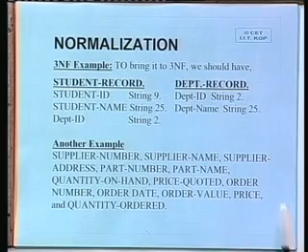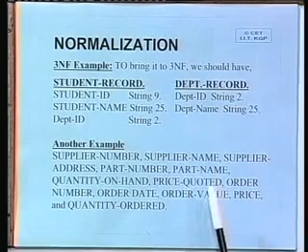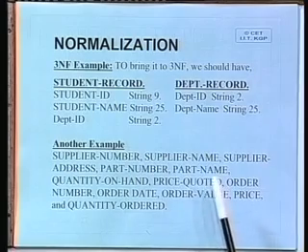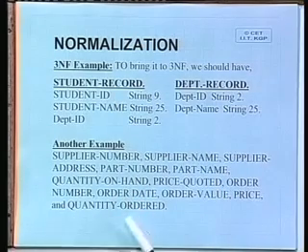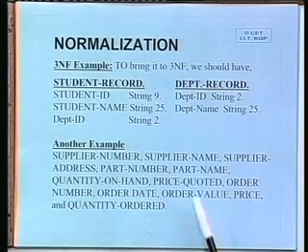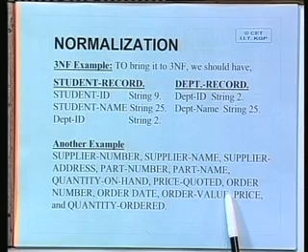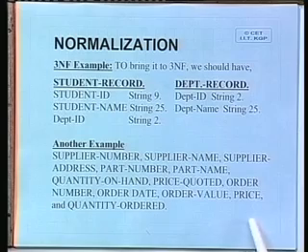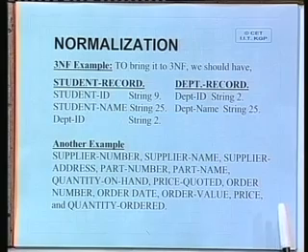So, you can see that a large number of attributes are dependent on a single identifier, whereas certain others like price quoted, price, and quantity ordered depend on two identifiers. On which identifiers does price depend? Part number and order number, right.